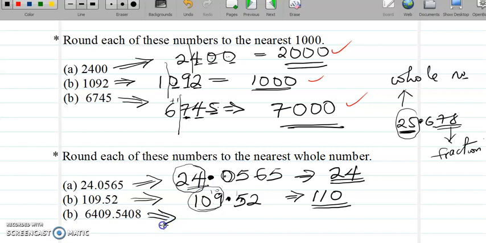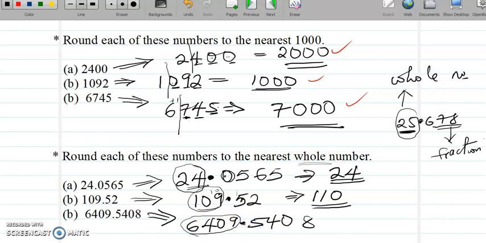Now tell me the answer to this: 6409.5408. So what will this be if you are rounding to the nearest whole number? Pause and do that. Okay, that's fine. To the nearest whole number, we choose the numbers that are before the decimal point. They are the whole number. Now we consider the number that follows.